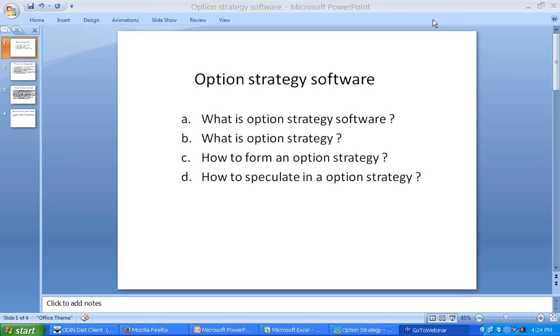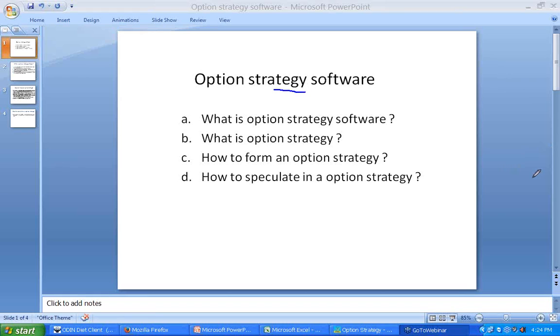Option strategic trading not only helps you protect your money, it also helps you to speculate to a limited extent and get benefit out of the speculations. So I will be demonstrating a live trade using this software.